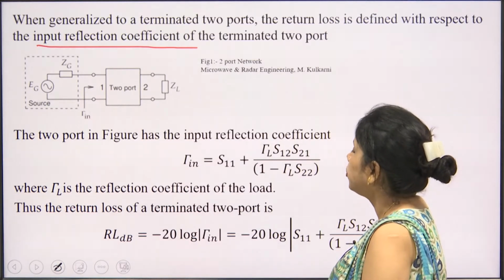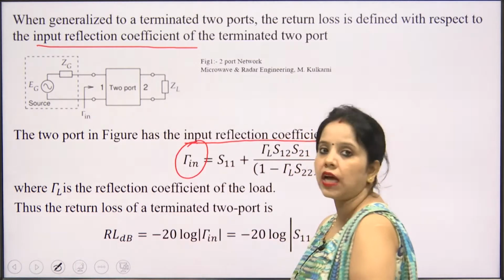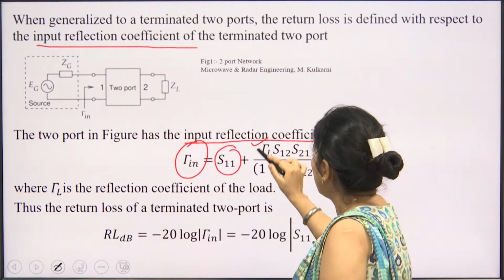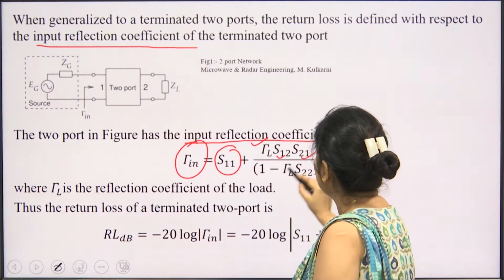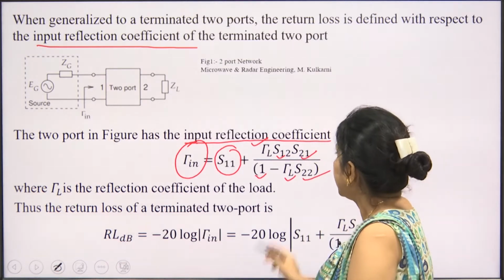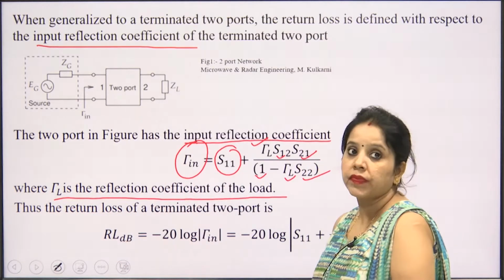For the two-port figure, the input reflection coefficient is given by gamma in, which is equal to S11 plus S12 S21 gamma L upon 1 minus gamma L S22, where gamma L is our reflection coefficient of the load.